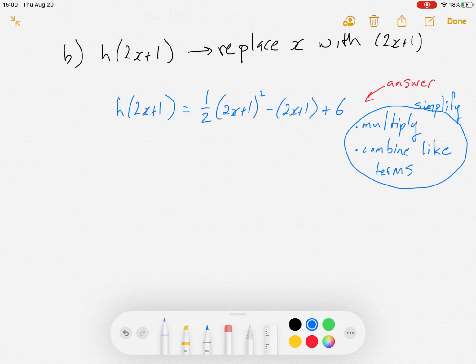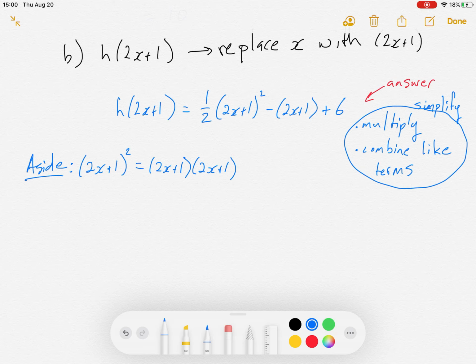Okay. So let's take a little aside here from the problem. So I'll call this aside. I will come back to the main problem, but I want to focus on (2x plus 1) squared for a moment, just to remind you how to do this. You need to make sure to take 2x plus 1 and multiply it by itself.